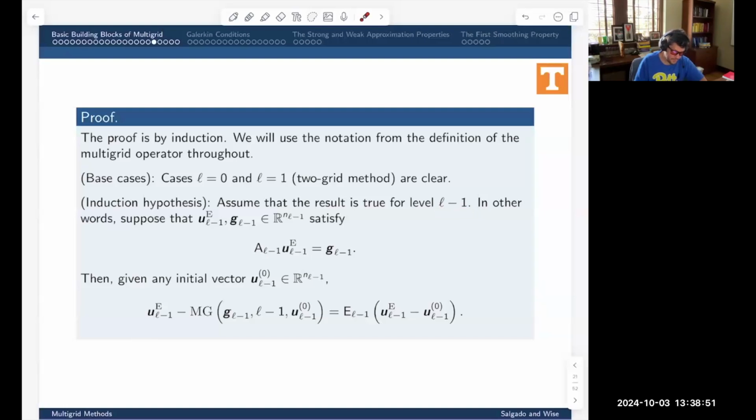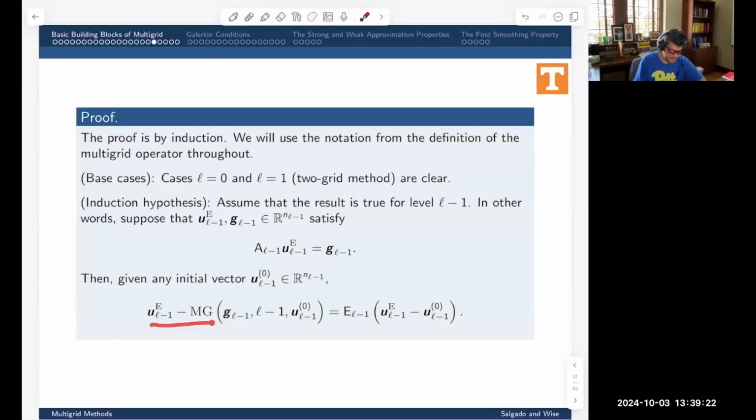In other words, we're going to assume that if we are given an exact solution of this problem on level L minus 1, then the error generated by doing one application of multigrid using this as an initialization, then our error is transferred via this transfer matrix E_{L-1}. That's the induction hypothesis.